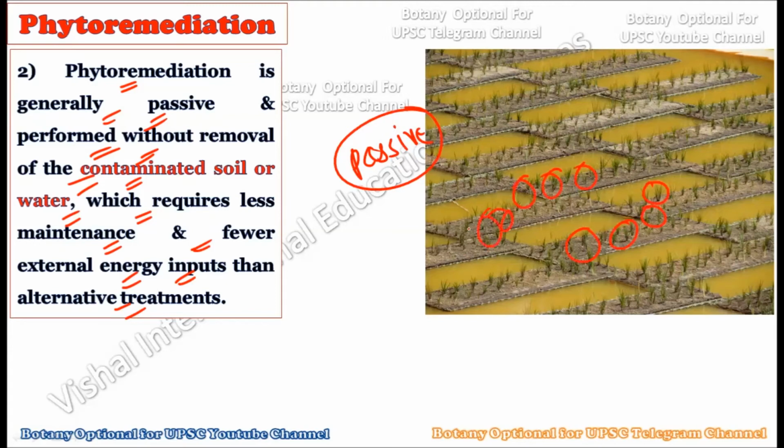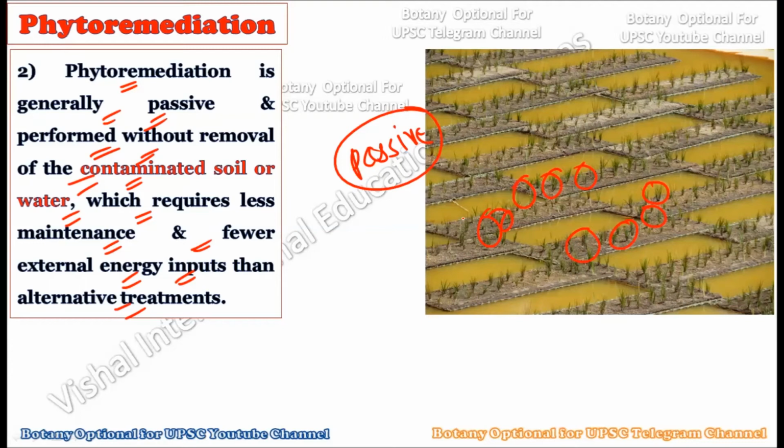The rest of the work is done by the plants. So there is not much energy input in this process, and hence this process is very cost effective. The cleaning of contaminated soil or water will generally require more and more energy.